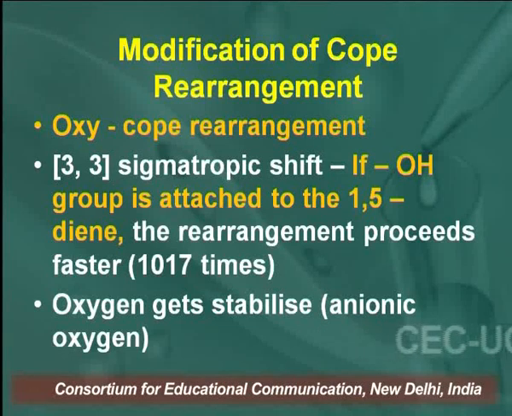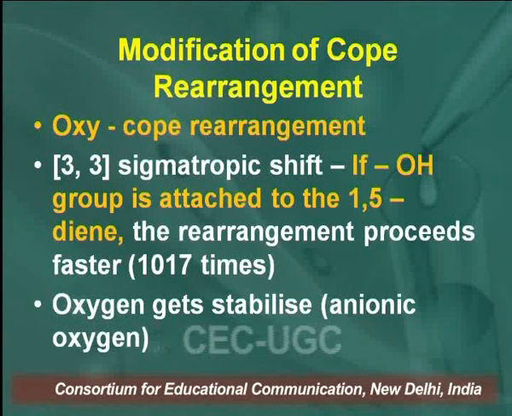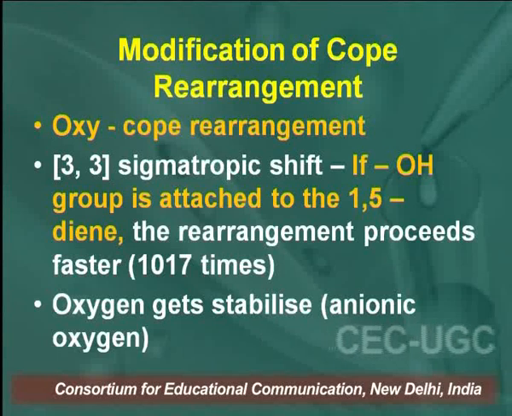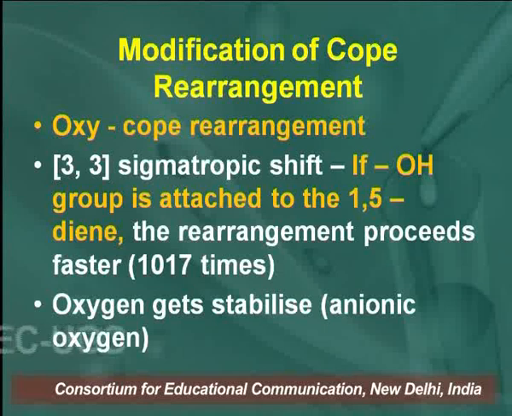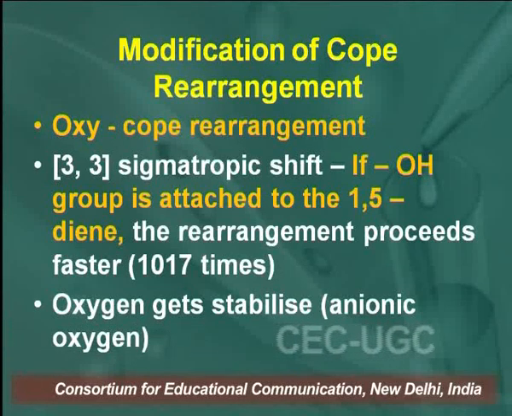Here an OH group is attached to a 1,5-diene. So learners, in Cope reactions we have a 1,5-diene, but here one hydroxyl group is attached on that 1,5-diene. The rearrangement proceeds faster, so it's very important.